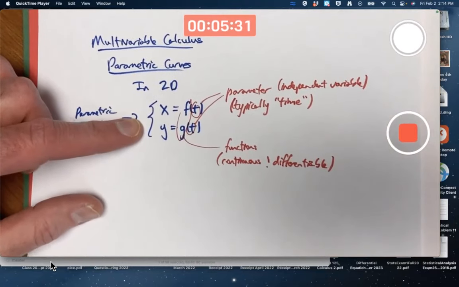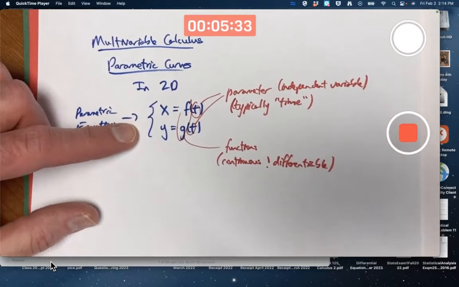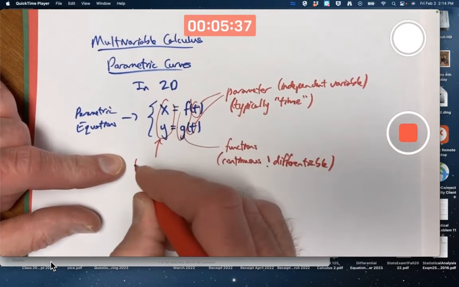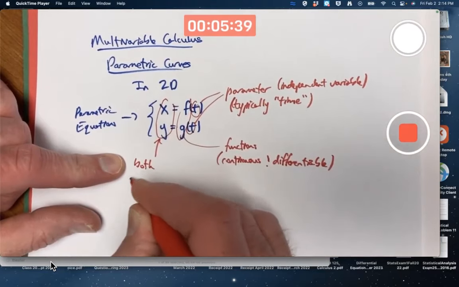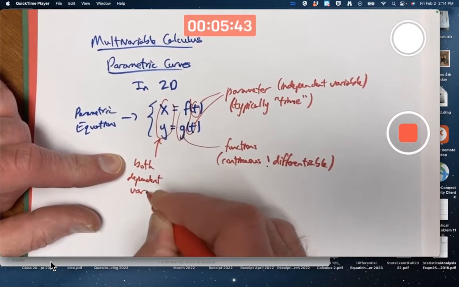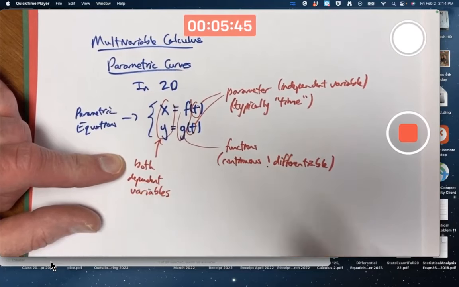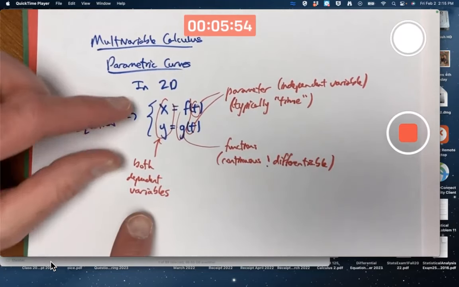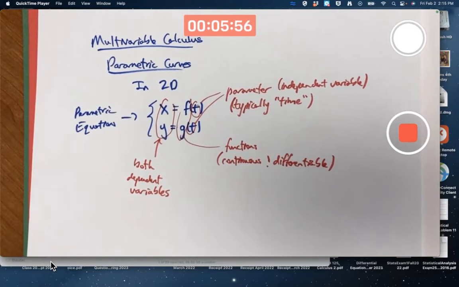So you've got a single independent variable, t, but x and y are both dependent variables. So it's like you've got two dependent variables. However, you can change your perspective on this and think of those two dependent variables as a single two-dimensional dependent variable.